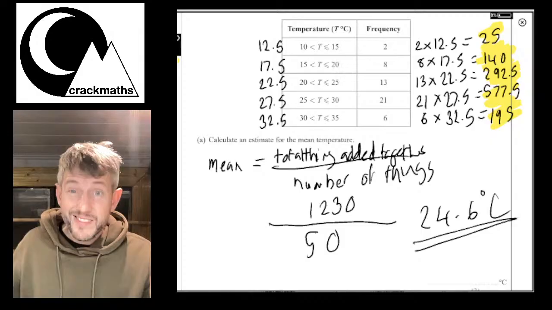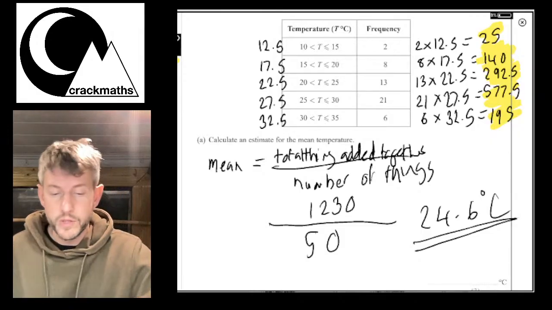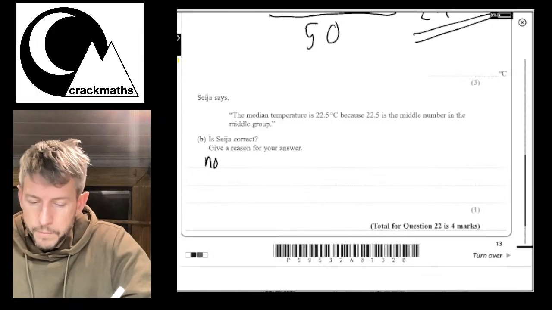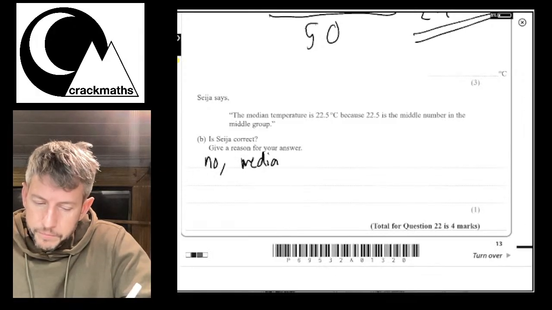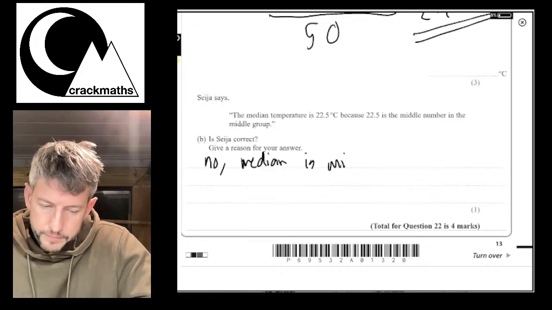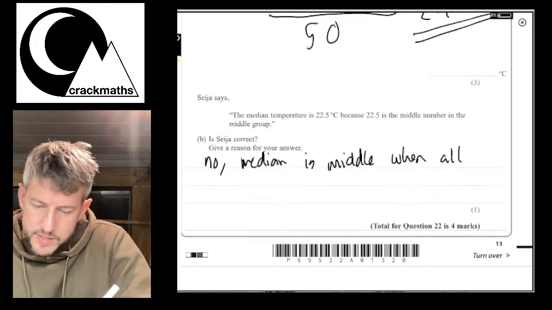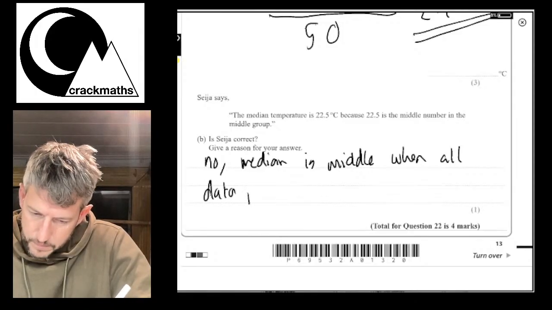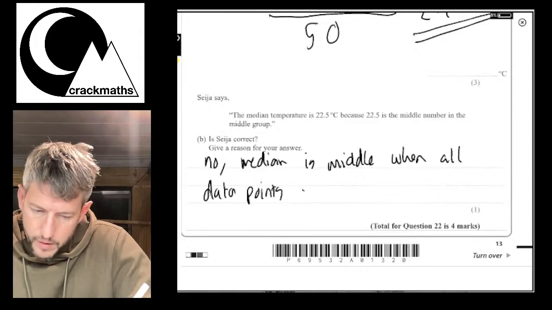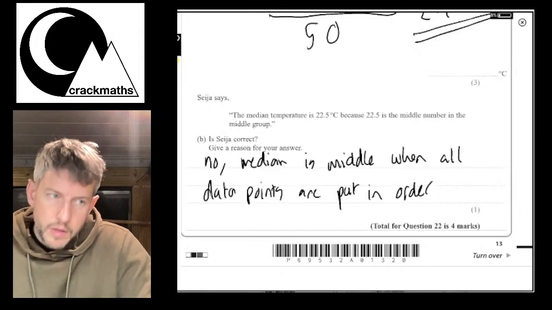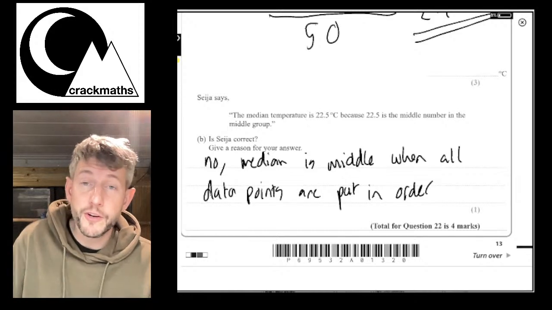The median is the middle value when you've put all of them in order, but that's not the case here. So, no. Median is the middle when all data points are put in order. She has just gone for the median of the table.